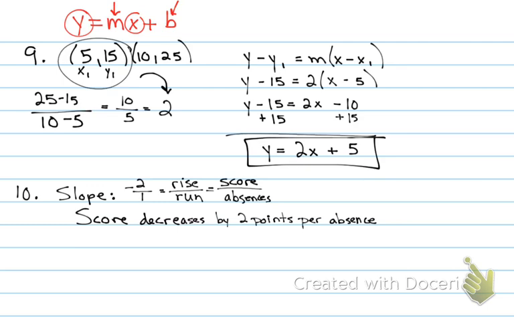Okay? Because remember, rise over run, so if that's a negative 2, that's what's happening to your score. And then the run stands for absences. Okay? The run could stand for anything. The run can stand for a sport. And it could say your exam score will decrease by 2 points for every sport you play. Okay? It's not true, but what I'm saying is you could give any label to the category and then you just name it.